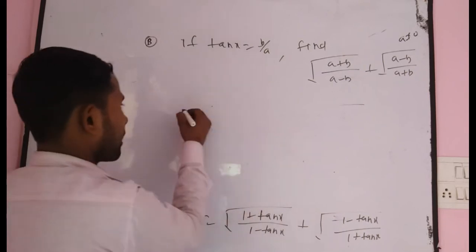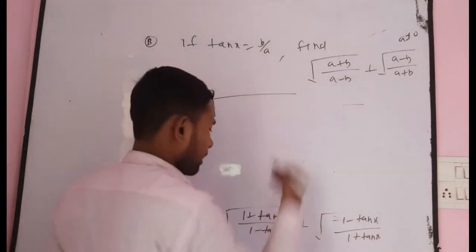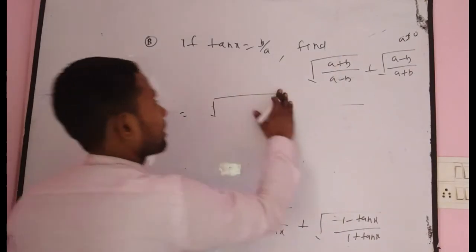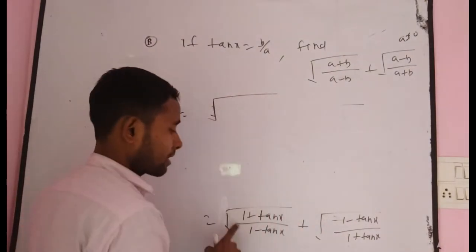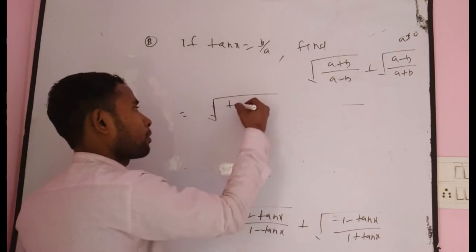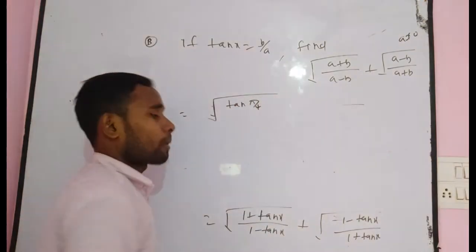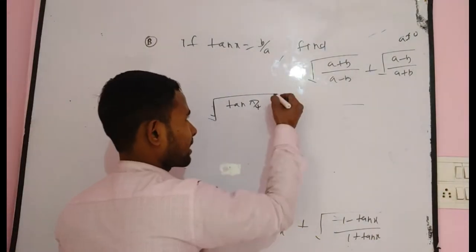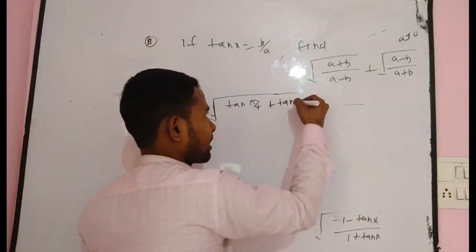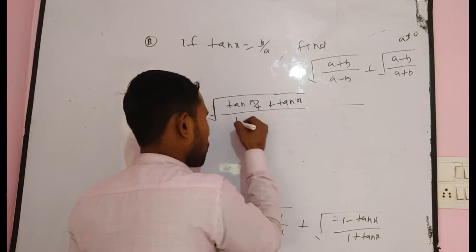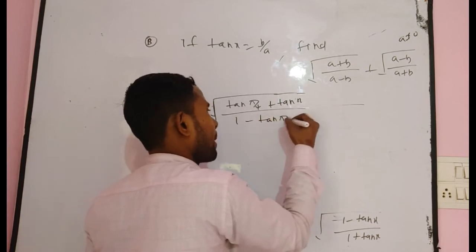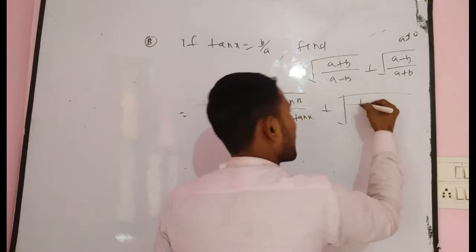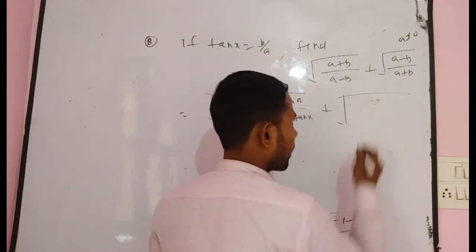Like now, suppose that you can directly use the formula if you have remembered, but if you don't know, then you have to write a step. 1 can be written as tan pi by 4. Can you write tan pi by 4? If you write 1 as tan pi by 4 plus tan x divided by 1 minus tan pi by 4 into tan x, can you write? Plus here it is equal to tan pi by 4, here it is equal to 1.